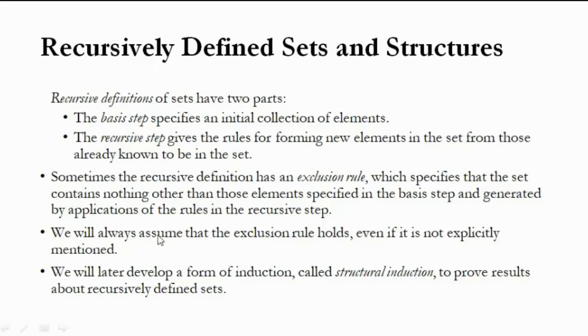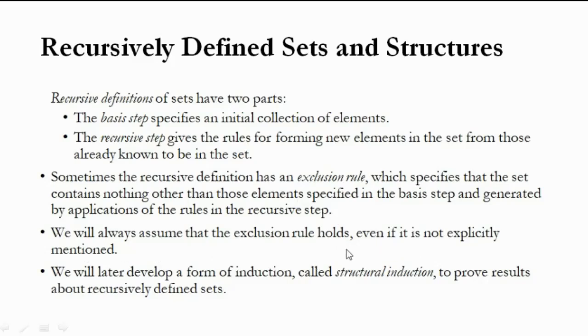So that means even though you perform recursion, the elements are common from the initial step. That is the meaning of this. Some functions in some cases you will find like that. We will always assume that the exclusion rule holds even if it is not explicitly mentioned.